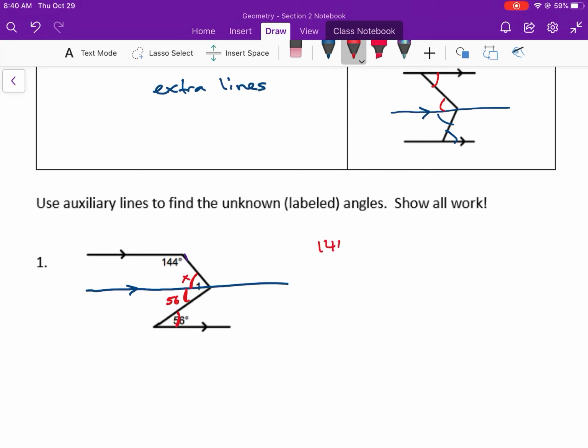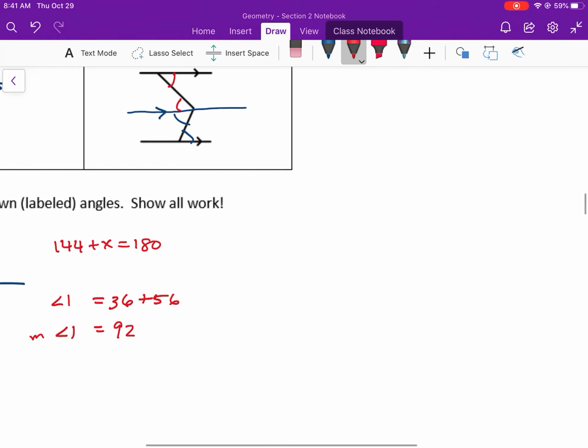So 144 plus x has to be 180 because they're interior angles on the same side, like we talked about the other day. And so this is 36. So that makes angle 1 equal to 36 plus 56, which I think is 92. So the measure of angle 1 is 92.